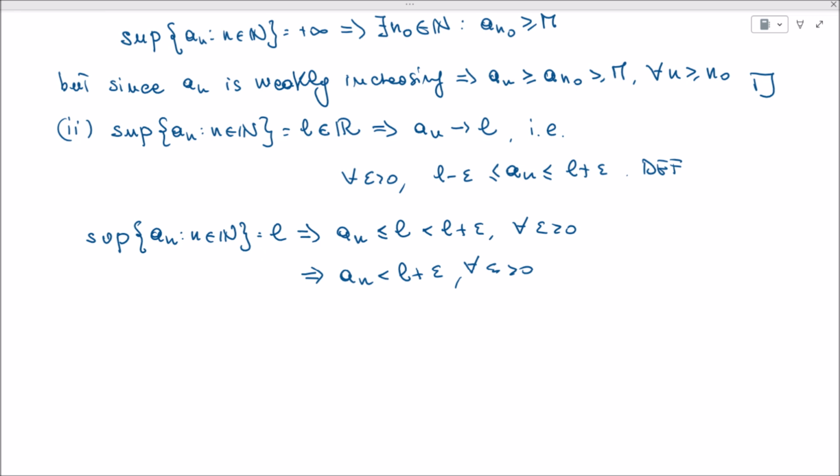But not only this, we also know that there exists at least one n0 in the natural numbers such that an0 will be larger than or equal to L minus epsilon, which implies that, since the sequence is weakly increasing, an will be larger than or equal to an0, which we know is larger than or equal to L minus epsilon, for every n larger than or equal to n0.